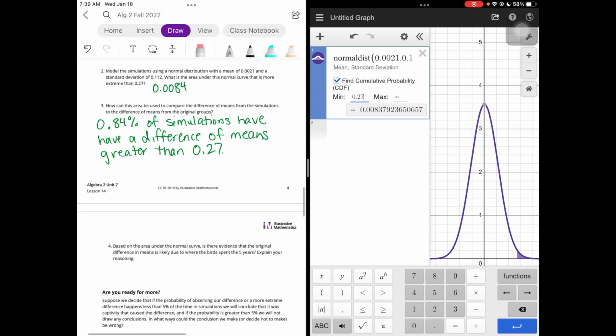All right, so based on the area under the normal curve, is there evidence that the original difference in means is likely due to where the birds spent the 5 years?